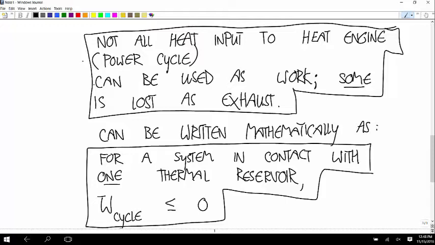If no energy is going to that cold reservoir, then you can think of your system as connected to only one thermal reservoir. It's not making any use of a cold reservoir. So that's a one reservoir system. And if you don't need energy to go to the exhaust, then what you'd have is a heat engine, a power cycle, where energy is coming in at the boiler and all of it's being used for work. Well, that can't happen. Some has to go to this second cold reservoir.